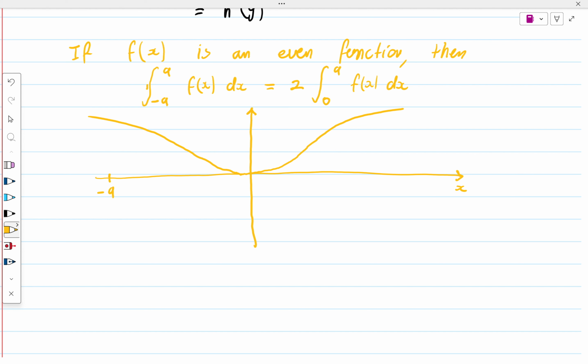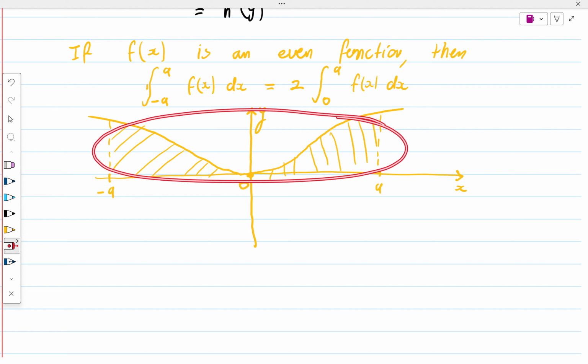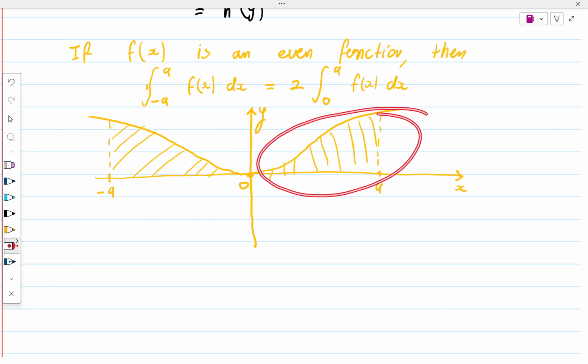If we went from negative a to a and integrated this area, you'd notice that, because it is a mirror image of itself, and here, of course, is the origin, the second area is exactly equal to the first area. And so instead of going across both areas, we can just take the first quadrant area and multiply it by 2.